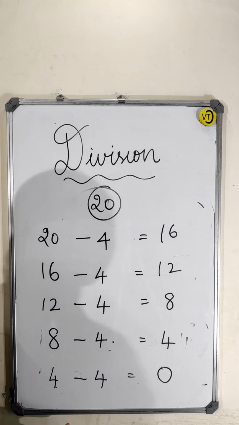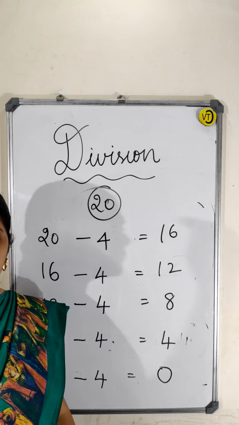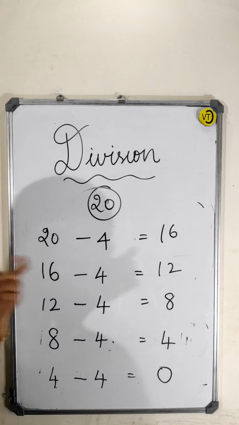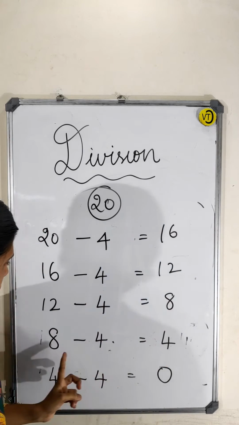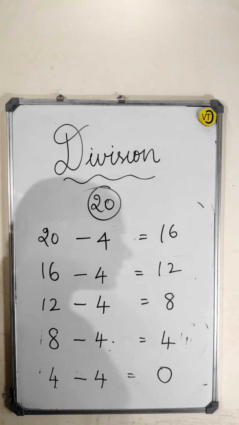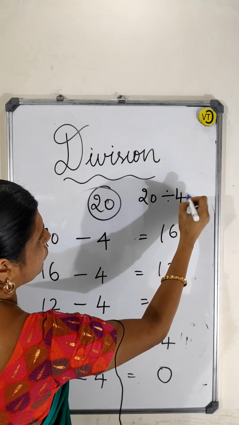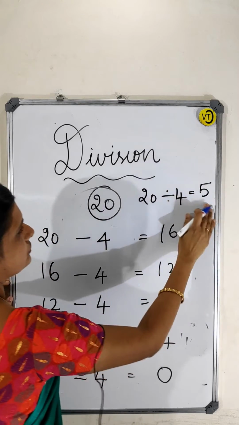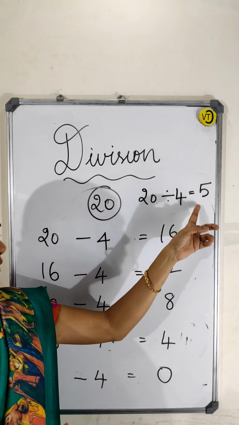Here we have subtracted 5 times. See, 1st time we subtracted, 2nd time, 3rd time, 4th time, 5th time. Correct? So 20 divided by 4 is equal to 5.